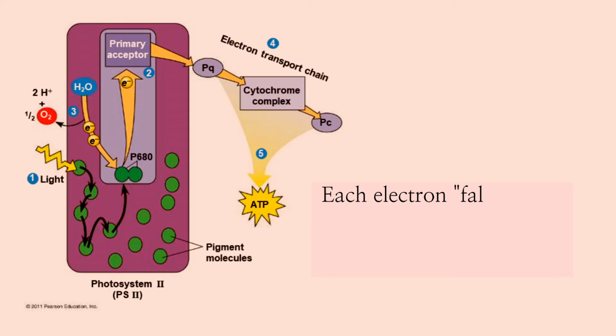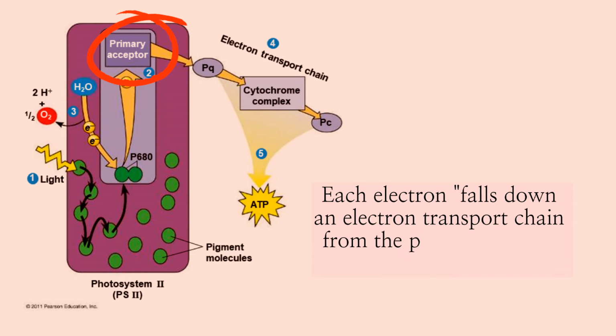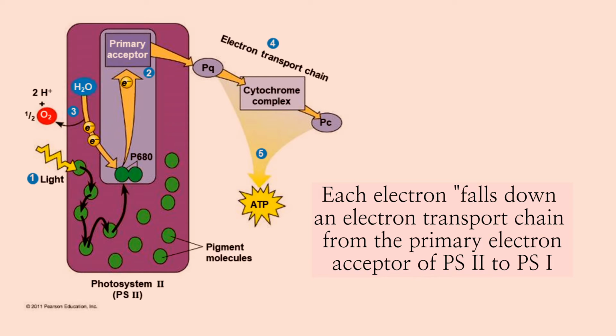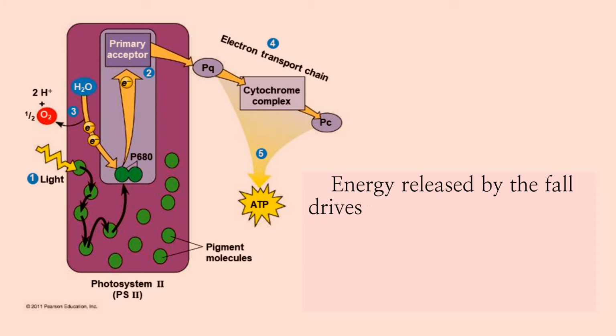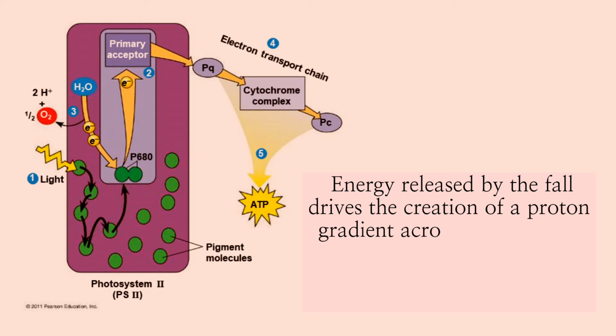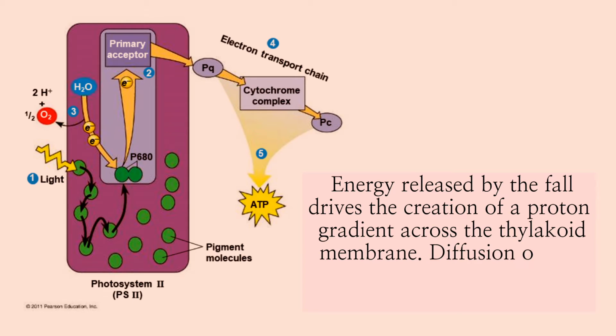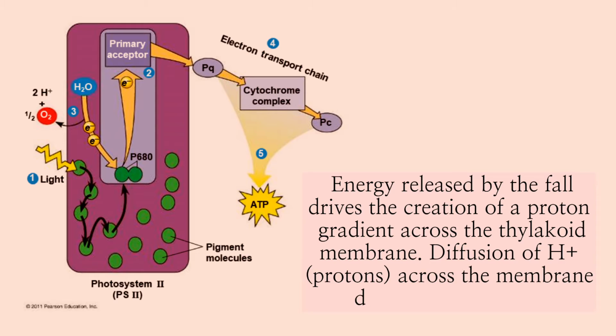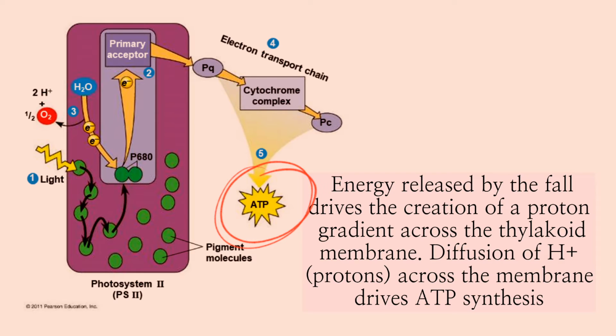Each electron falls down an electron transport chain from the primary electron acceptor of PS2 to PS1. Energy released by the fall drives the creation of a proton gradient across the thylakoid membrane. Diffusion of H+ protons across the membrane drives ATP synthesis.